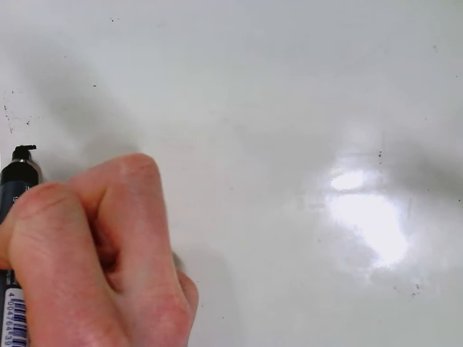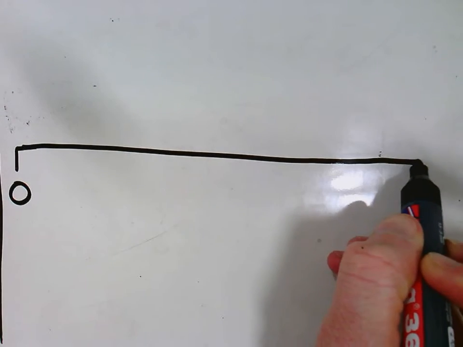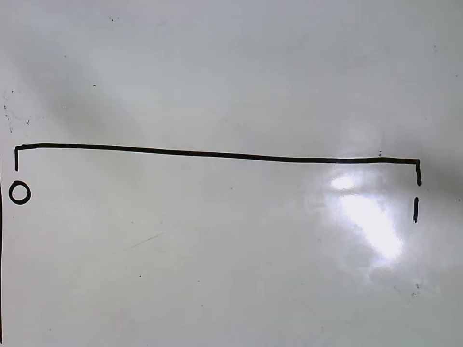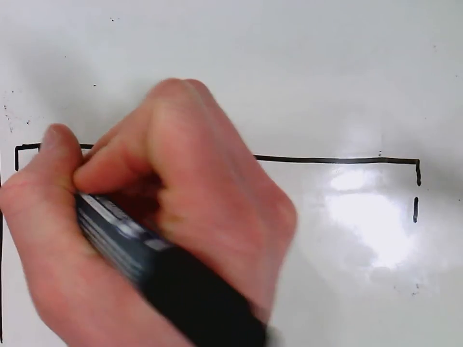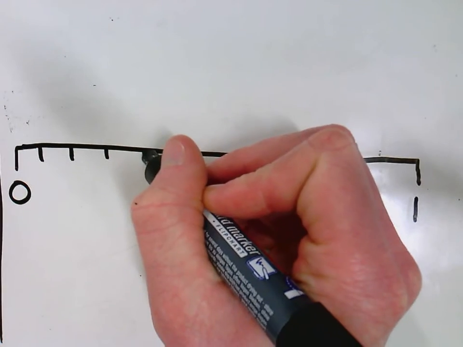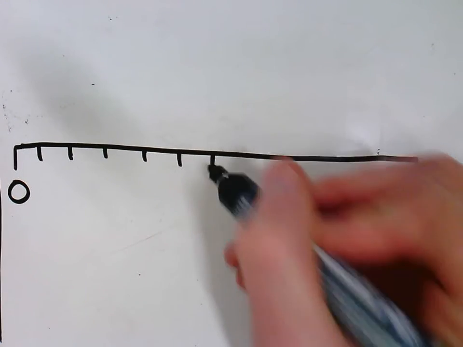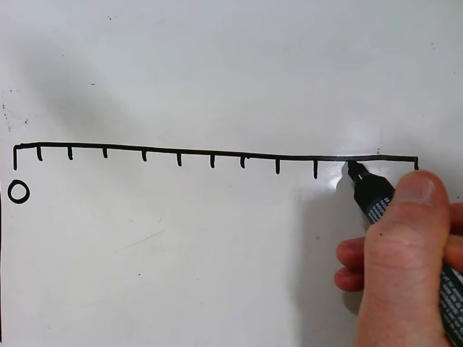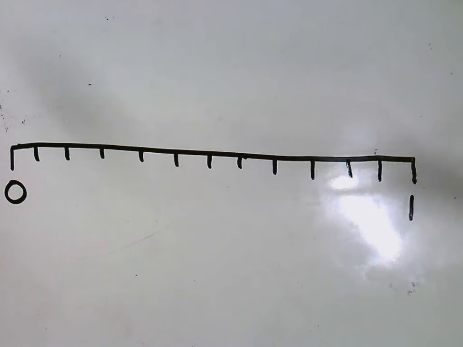Now let's have a look at a number line where we have to put fractions on with different denominators. So here we've got a number line running from 0 to 1.